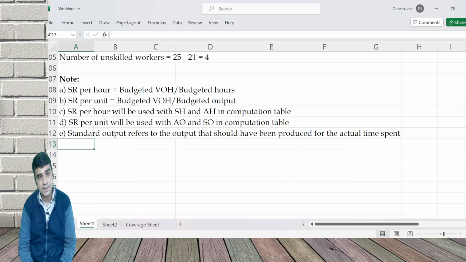Whatever time has been spent on that, how much output should have been produced is called standard output. Clear? Any doubts on this? Done?